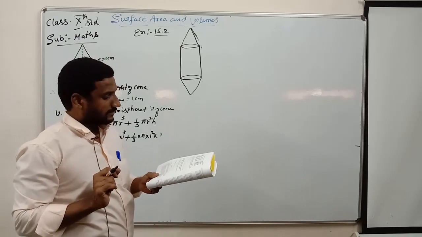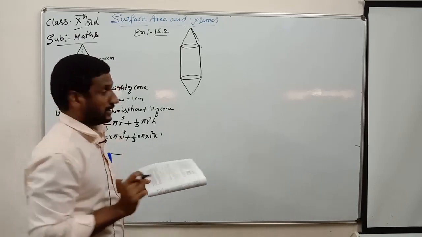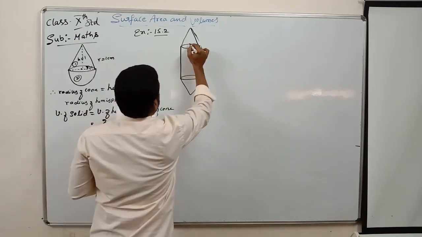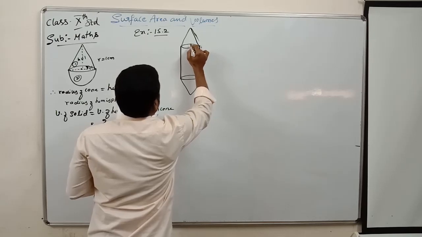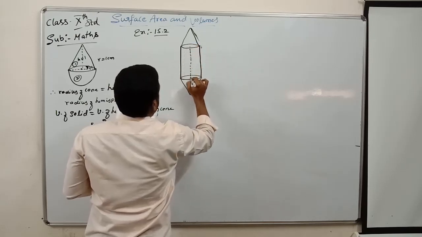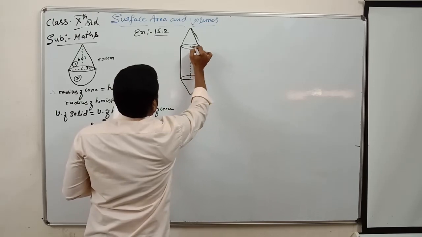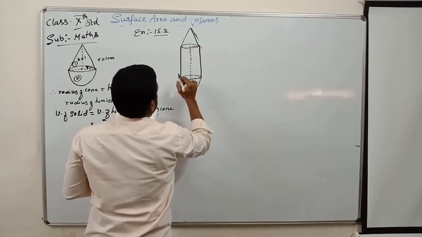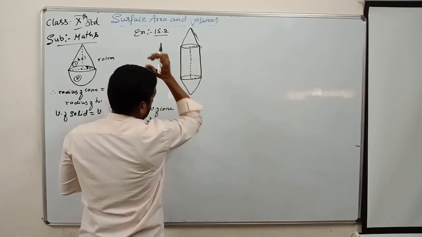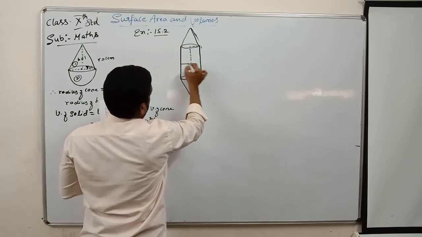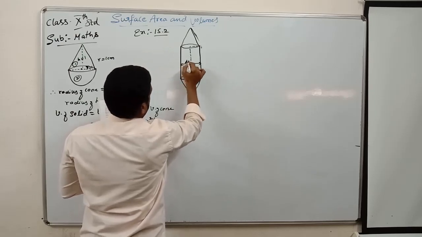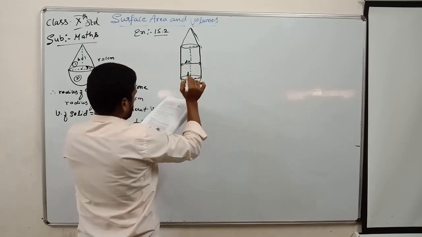The diameter of the model is 3 centimeter. So this is the axis, and this is the radius here. He has given the diameter of the model, so you can write it here: d is equal to 3 centimeter.